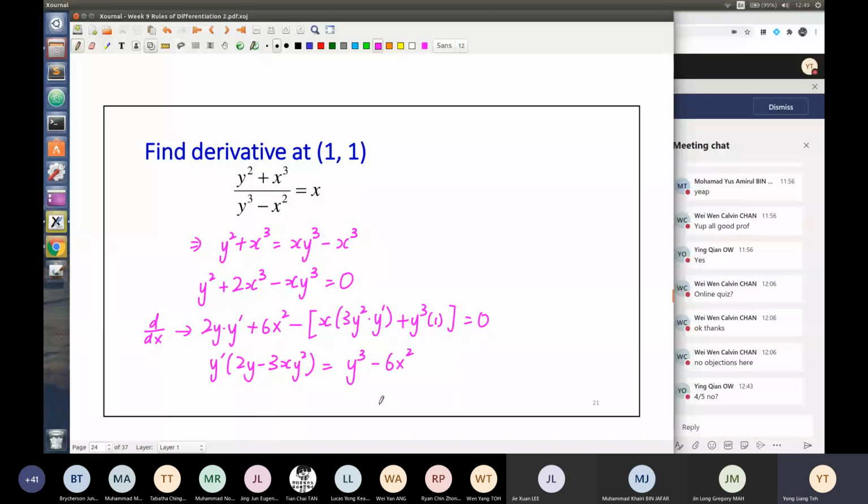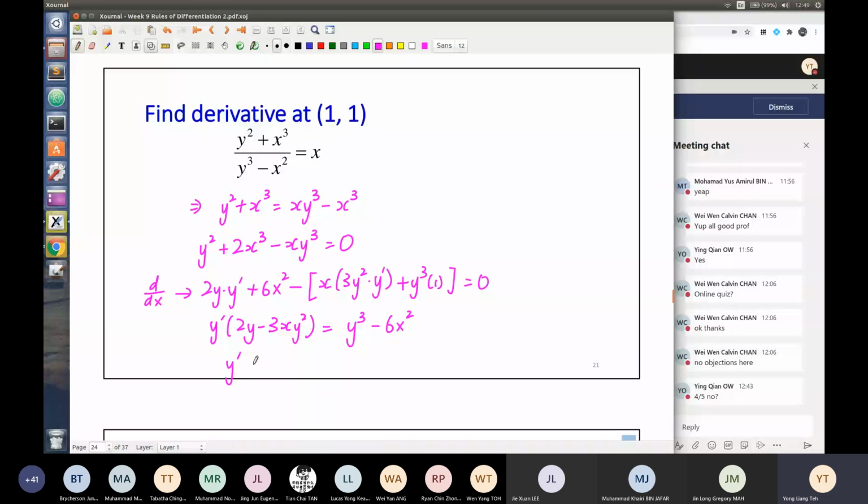So finally you have y prime. In this case, y prime is a function of x and y. It equals (y cubed minus 6x squared) over (6y minus 3xy squared).